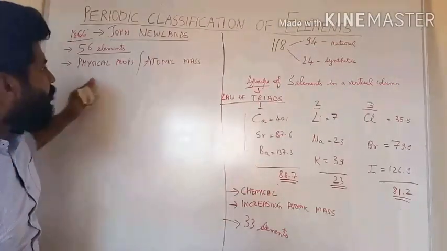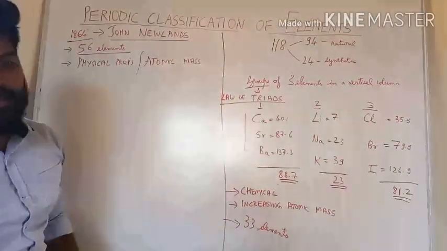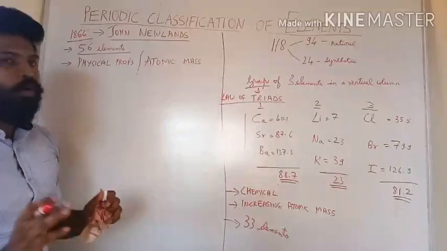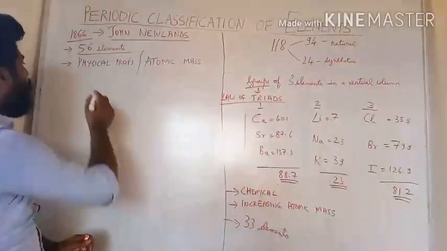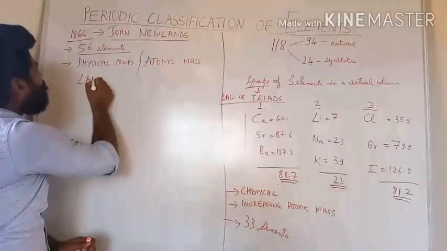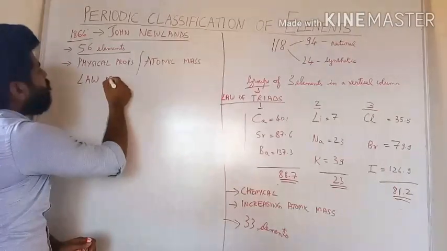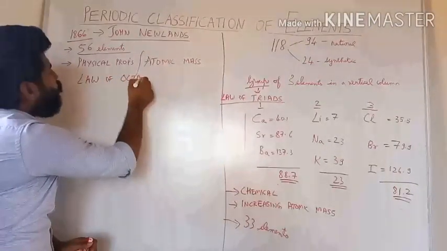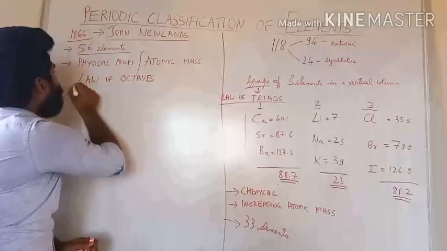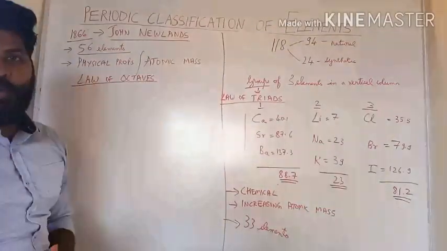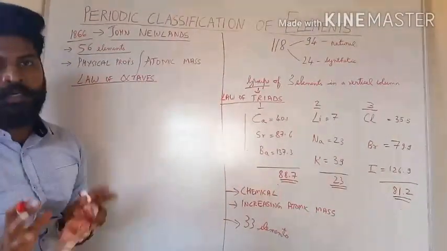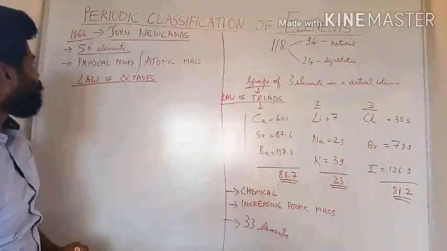In the increasing order of atomic mass table, Newland called his classification the law of octaves. It is called Newland's law of octaves, although it is not considered a law.